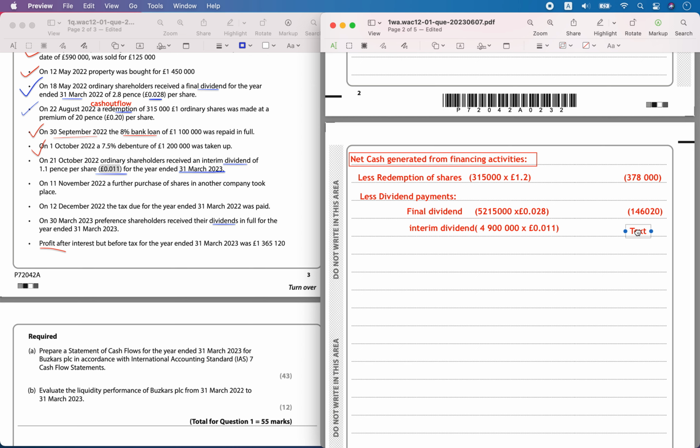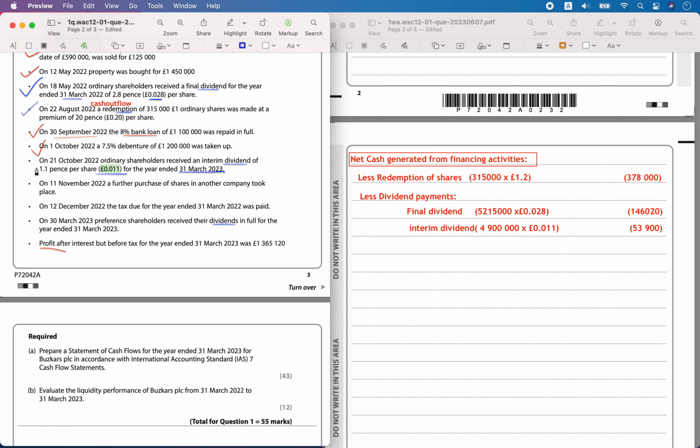So let's write it here, 53,900. This was paid to the shareholders.